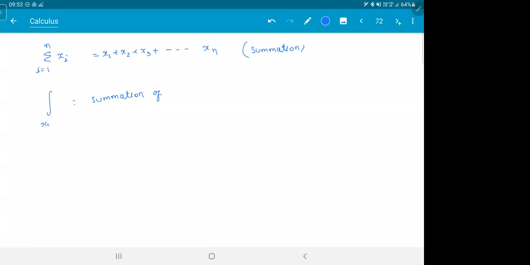So when you keep the limits here x1 to x2, and inside you keep some function.